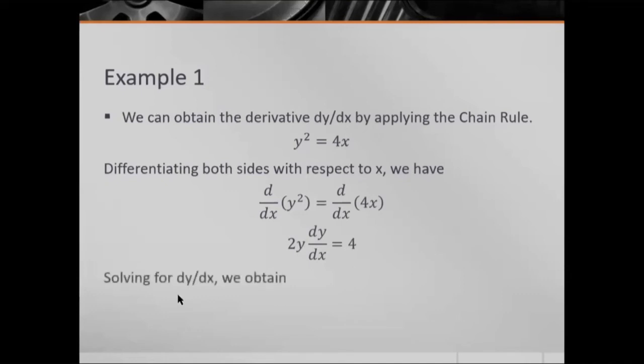Then solving for dy over dx, on the left side we can leave dy over dx, and on the right side we put the 2y in the denominator of 4. So we have dy over dx equals 4 over 2y. Then let's simplify. 4 over 2 is 2. So we have 2 over y. And that's it.